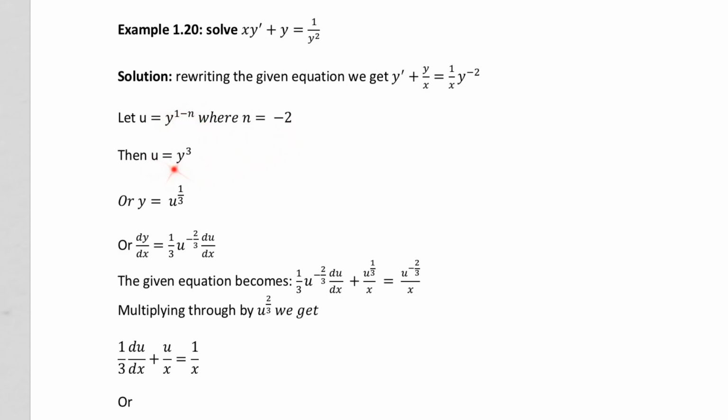So u becomes y to the power 3, or y is equal to u to the power 1 by 3, or dy by dx is equal to 1 by 3 into u raised to the power minus 2 by 3 into du by dx. Thus the given equation becomes this in terms of u. Multiplying throughout by u to the power 2 by 3, we get this result.